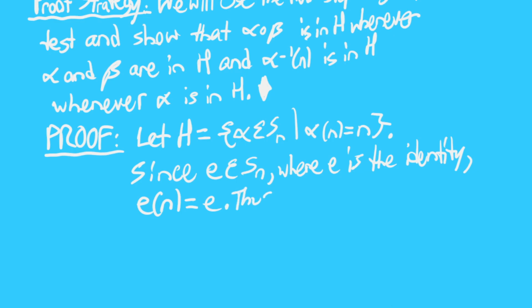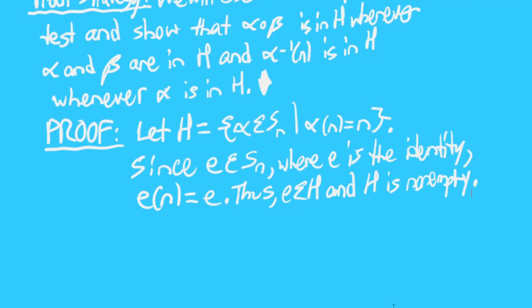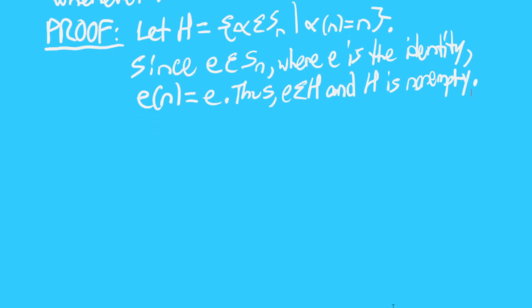So thus the identity is an element of H, and H is non-empty. Because remember, that's another part of the subgroup test, that our subgroup has to be non-empty. So we can just show it has an identity element to prove that.